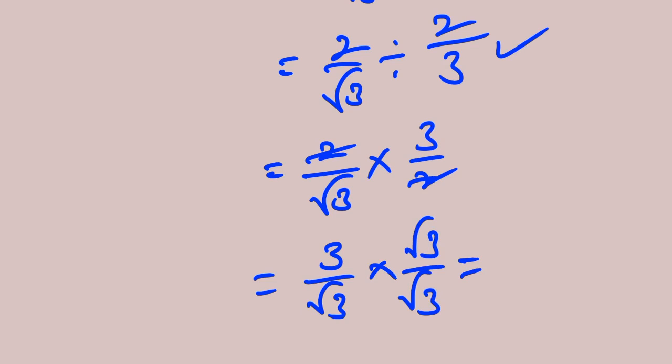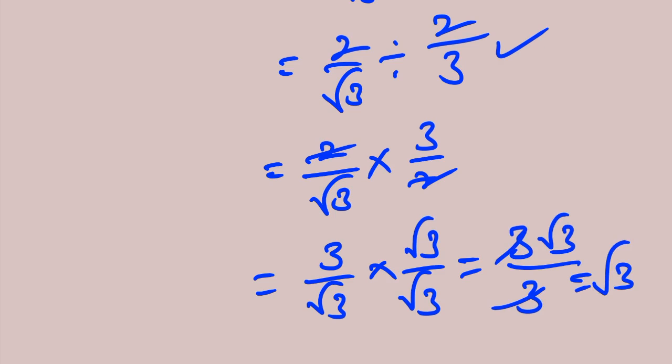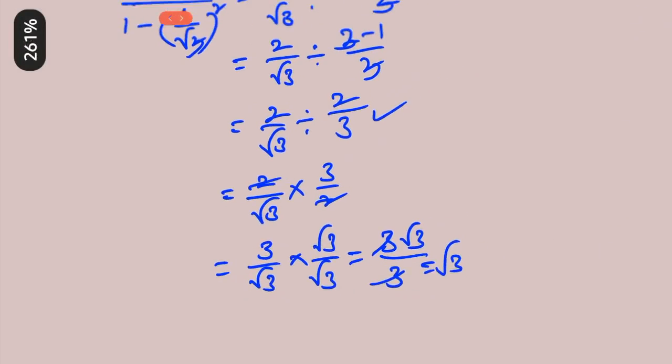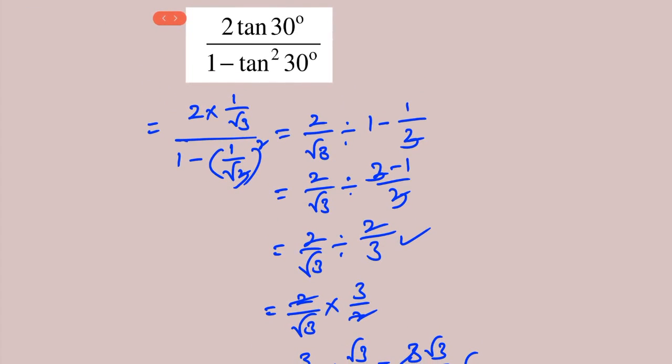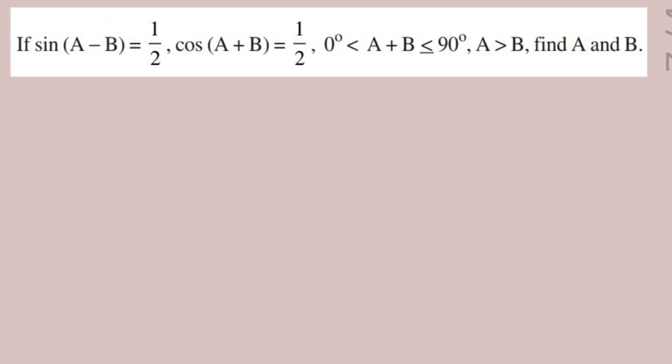So more simplification we can do. So 3 into root 3, 3 root 3, root 3 into root 3, 3, both get cancelled, finally root 3 is the answer. So in this way we can simplify these kinds of problems by using the table, easily we can solve it.